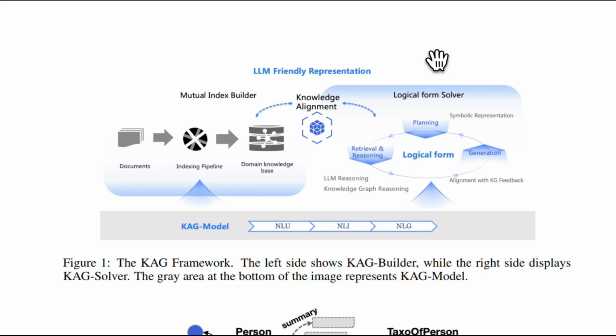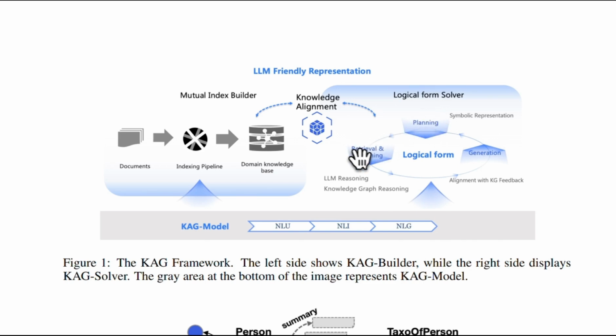The second part is the query retrieval process, for which KAG uses a logical form solver. So the way this works is that whenever you have a user query, it first does planning. So let's say if it's able to divide a user query into multiple different queries by using query decomposition, or can create multiple different queries which can enhance the retrieval, it will actually plan that first.